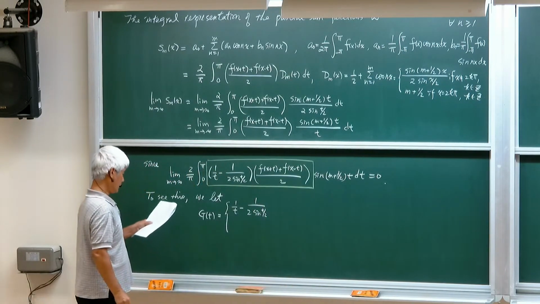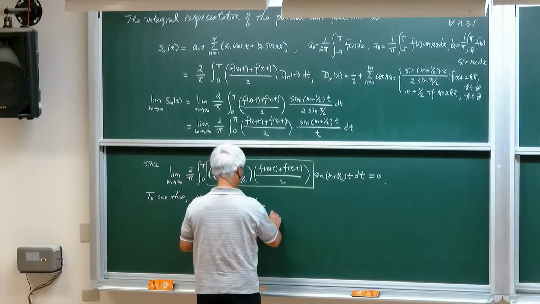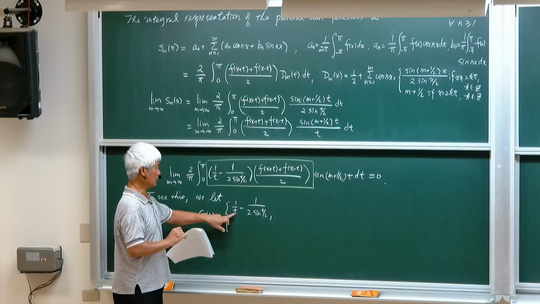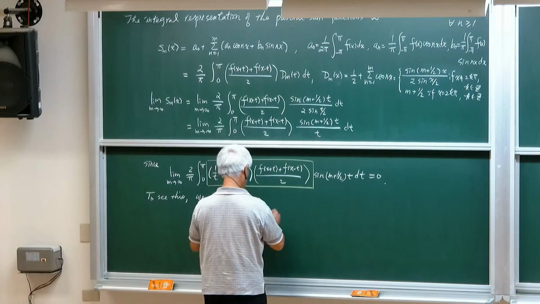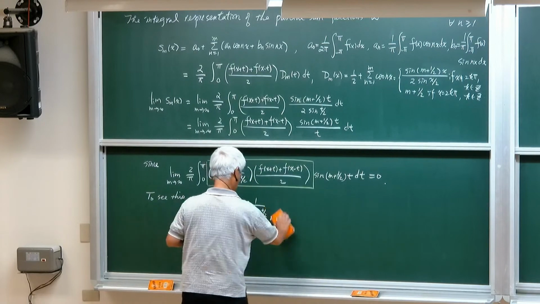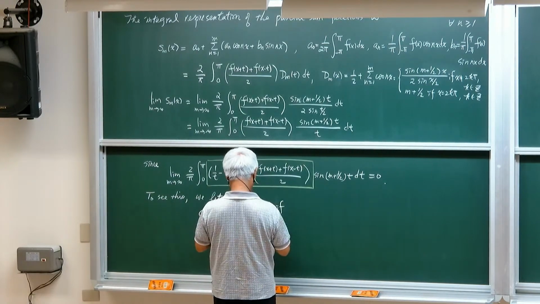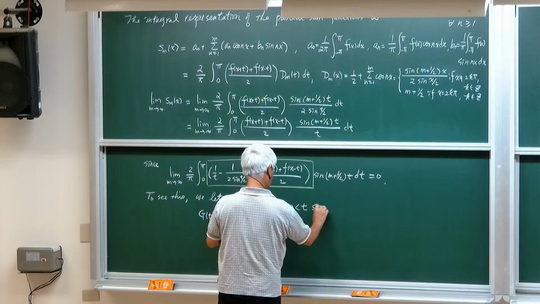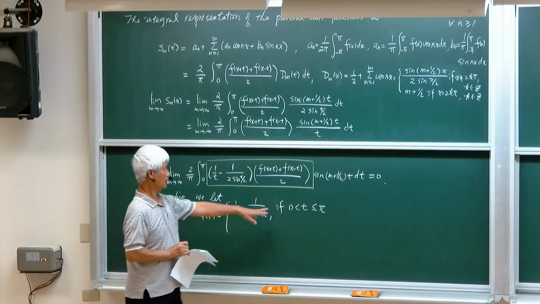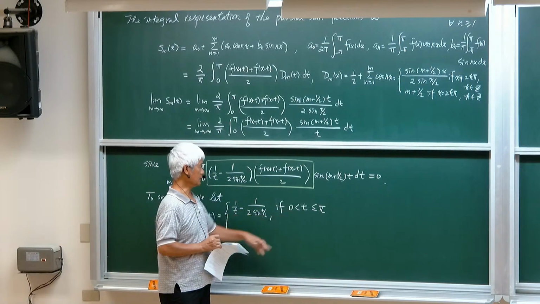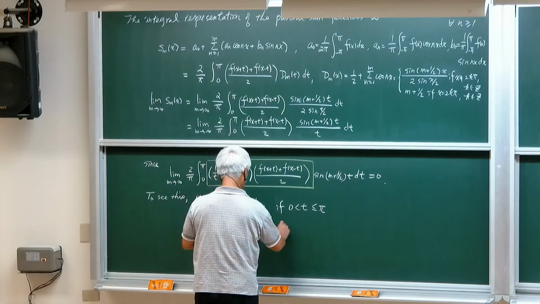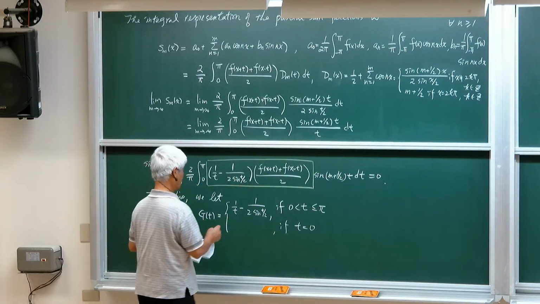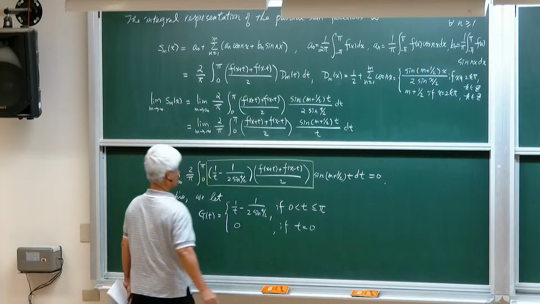Okay, all right, and because we should exclude t equals 0, so t is between 0 and pi, but exclude 0, okay? And how about t equals 0, then we can arbitrarily define it to be 0, all right?